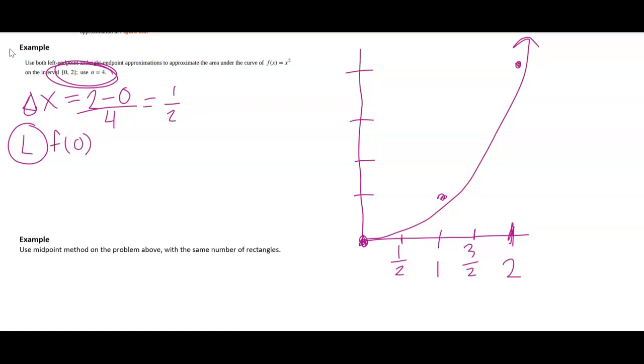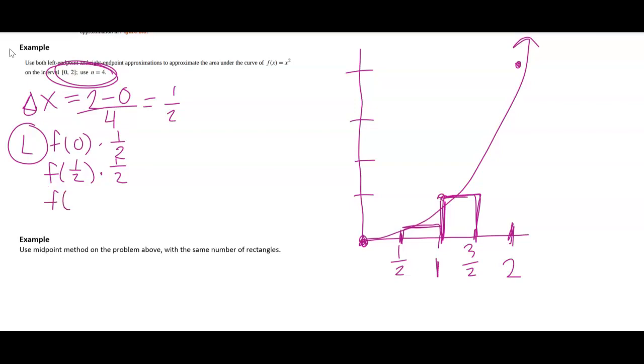Well, let's write it out first. f of 0 times a half. And then my next one is going to be f of 1/2 times 1/2. My next subinterval, the left endpoint between 1 and 3/2 is 1.